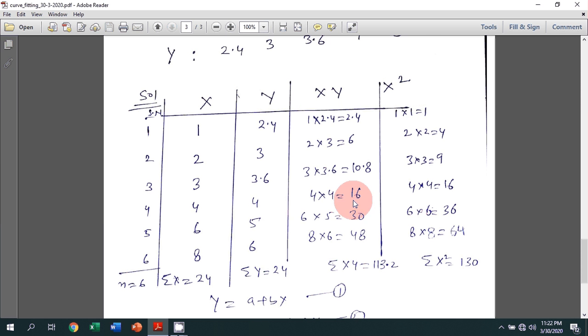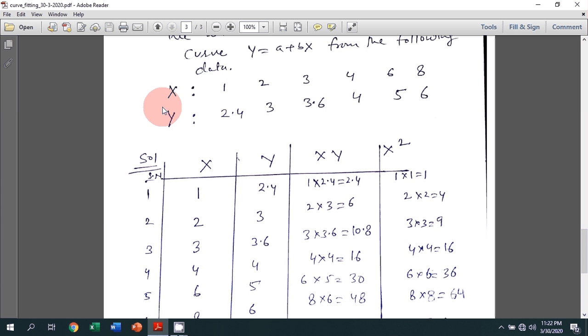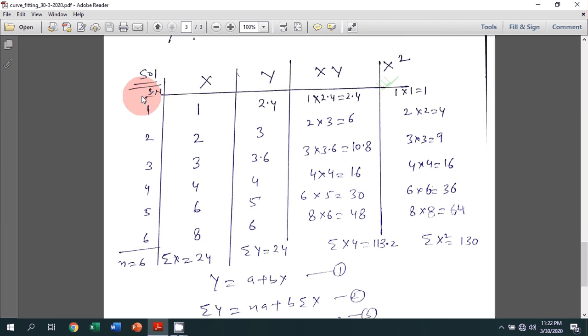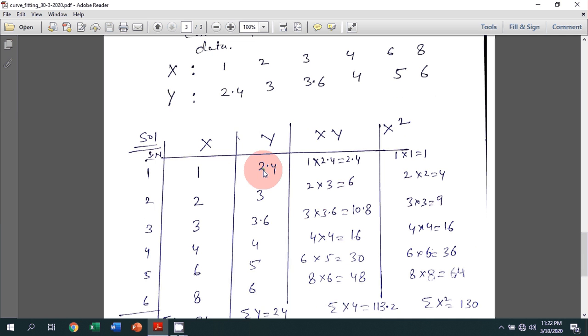The values of x are 1, 2, 3, 4, 6 and 8. We put these values in the table, and we have the data of y, that is 2.4, 3, 3.6, 4, 5 and 6.